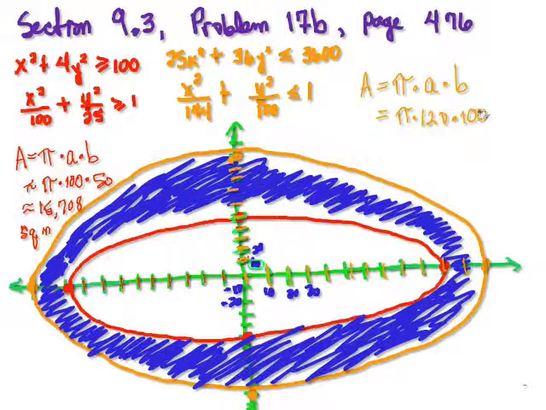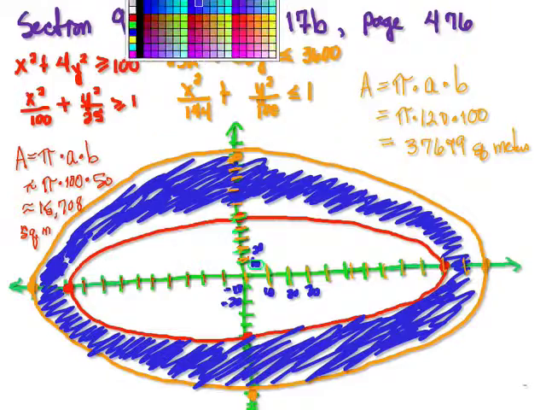So it's going to be 120 times 100 times pi. And I did that on my calculator. I got 37,699 square meters.